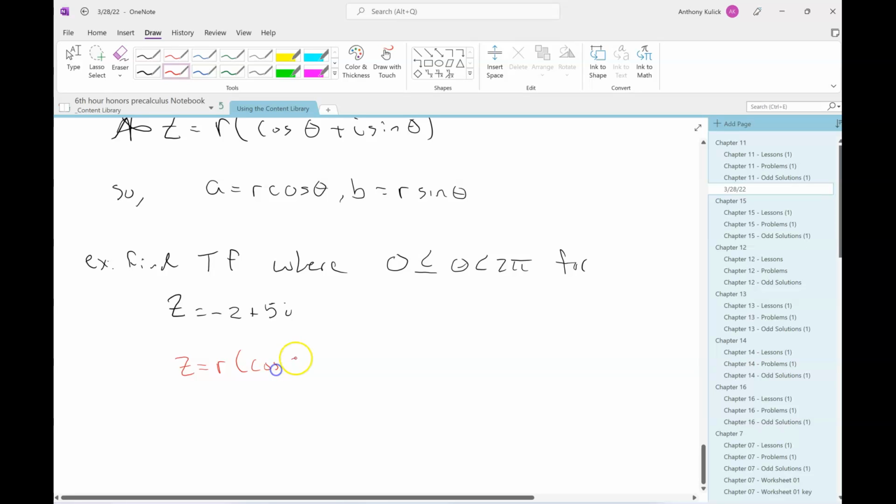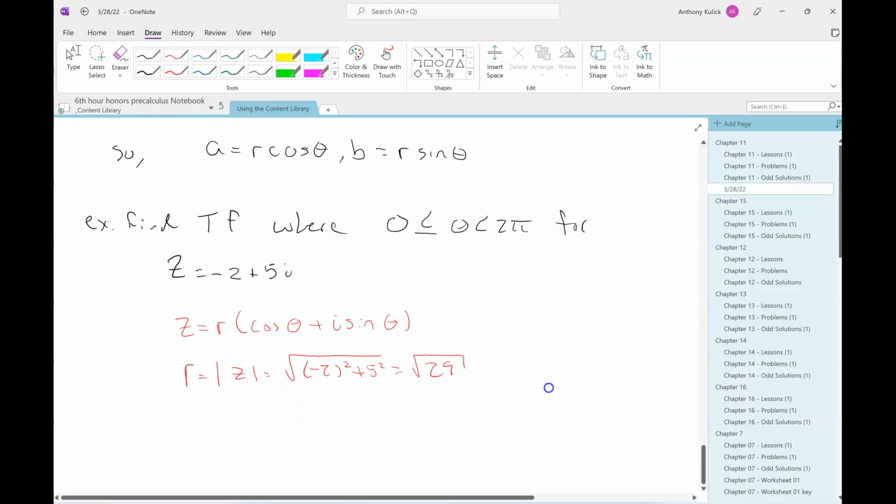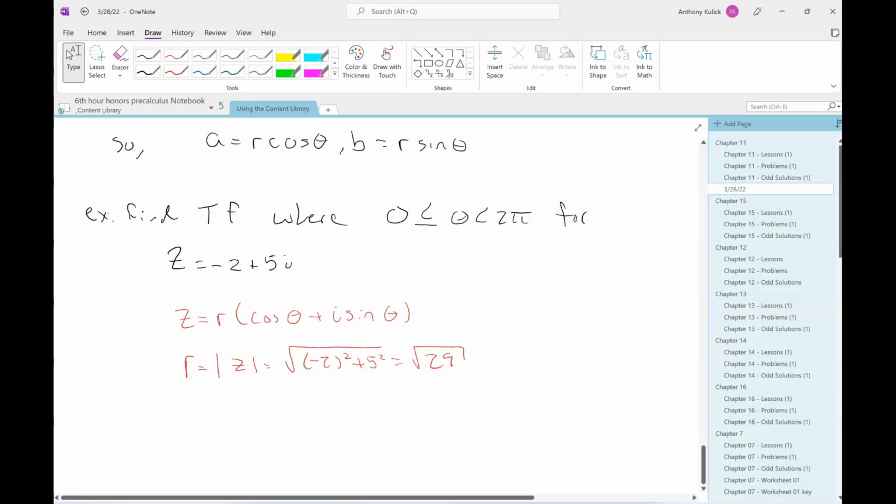So what we need is to write it in this form. I know that r is the absolute value of z, which is going to be the square root of -2 squared plus 5 squared. That's the square root of 29. Everybody's happy there?